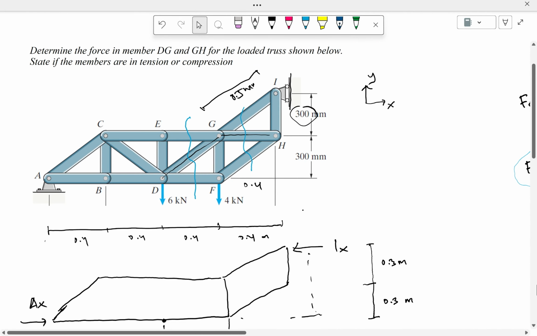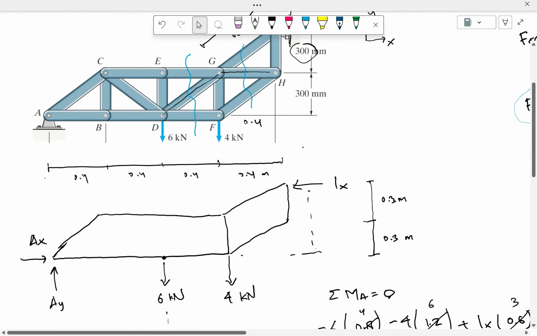But the most important thing is that first, when you have a question like this, you need to be able to draw the free body diagram. Free body diagram is a global structure. So draw a global structure like this, and then try to replace the support with the reaction forces, depending whether they are roll or pin.